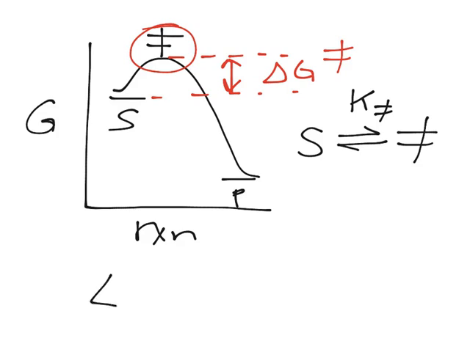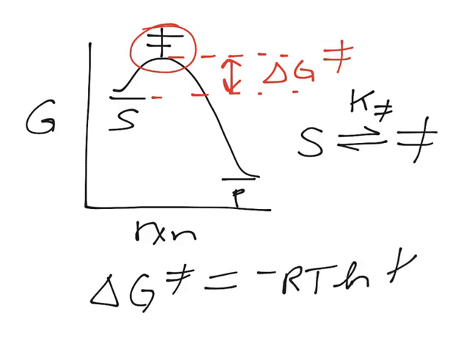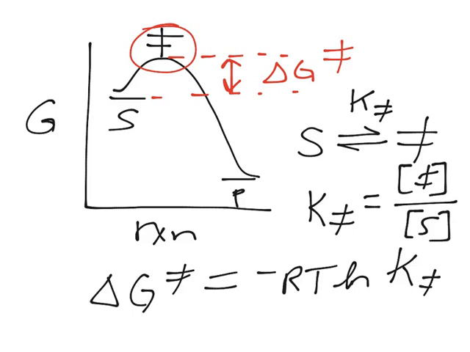So delta G double dagger is equal to minus RT natural log of that equilibrium constant, where that equilibrium constant is the ratio between the concentration of the transition state and the concentration of the substrate.